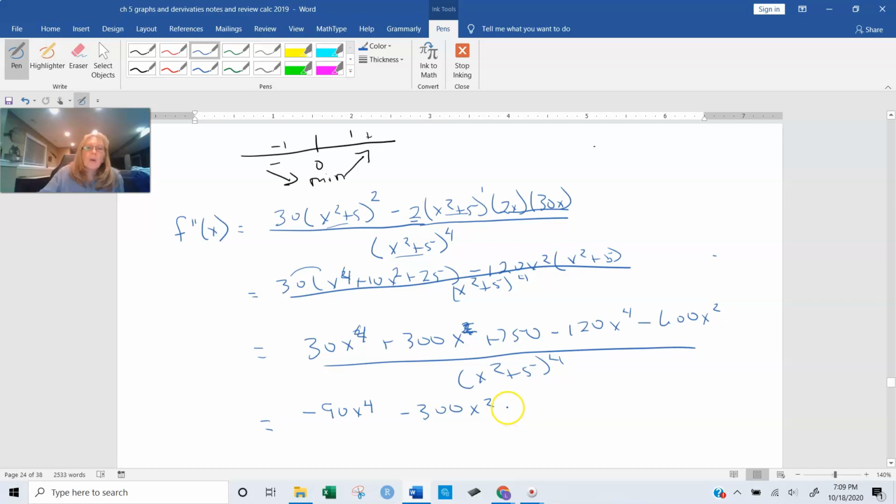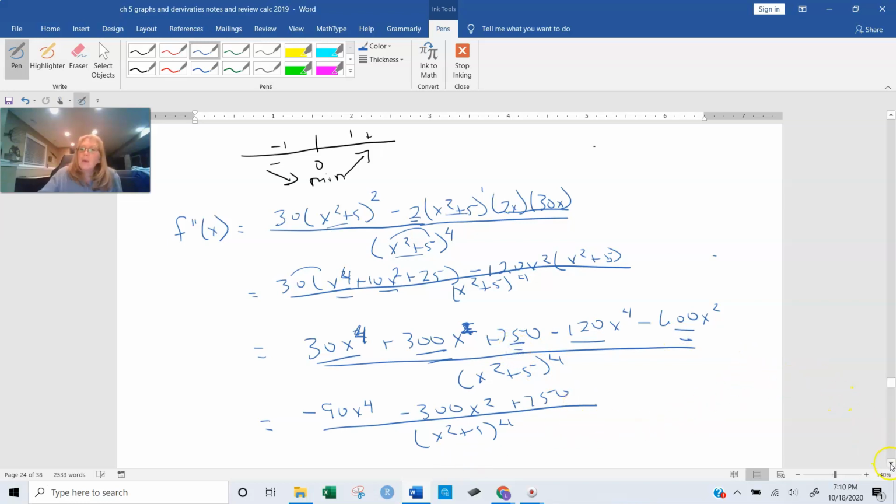Minus 300x squared plus 750, all over x squared plus 5 to the 4th. Did you see what I did wrong here? When we squared this, this should have been x to the 4th, and this here should have been 5 times x squared, which is 5x squared times 2, which is 10x squared. So I had to change my exponents up here. 4 and 2. And then we combined this 2, and then we combined these 2, and 750 on the end.